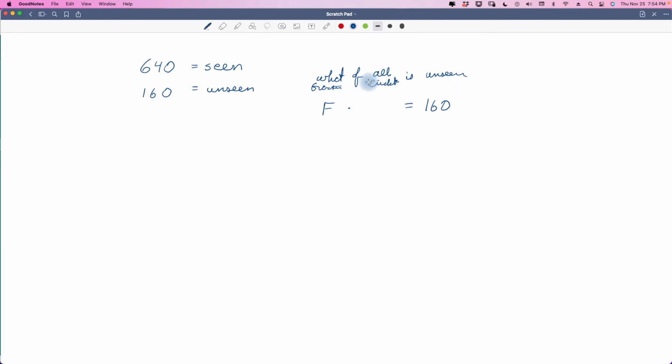So all the crickets is going to be the seen and the unseen added together. So that's going to be 800. So fraction times 800 is equal to 160. We divide. 800 over 800 is 1. 160 divided by 800.